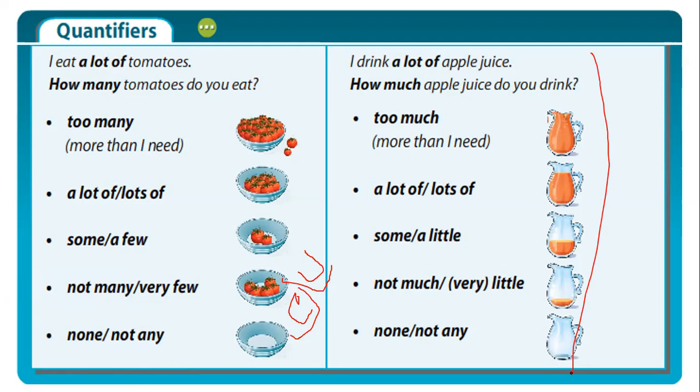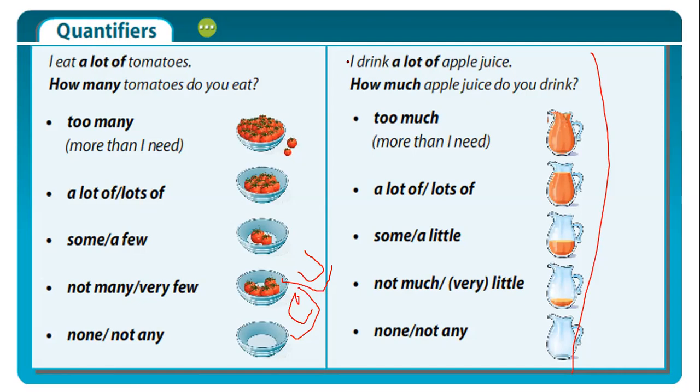Another, okay. I'm sorry. All right, another person who wants to help me read this part? Only read, you don't have to do anything else. Yes. I drink a lot of apple juice. How much apple juice do you drink?